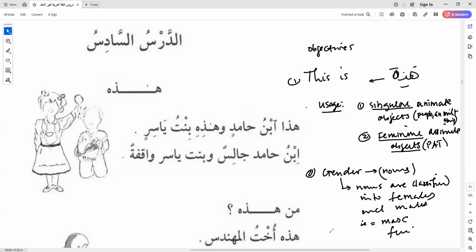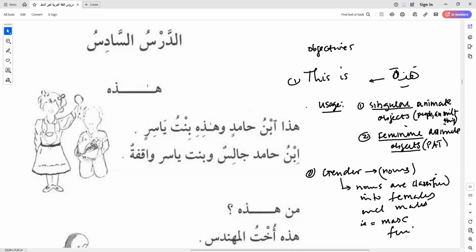So in اللغة العربية, nouns are classified or categorized into masculine and feminine. Very, very important. And also the kind of demonstrative pronoun like this, that, those are also used based on the gender of the noun. So today we're looking at هذه.